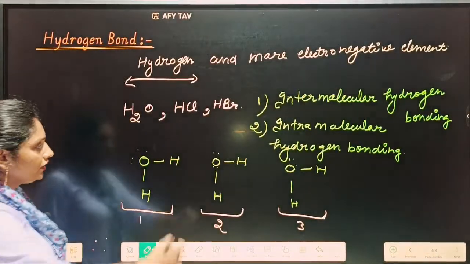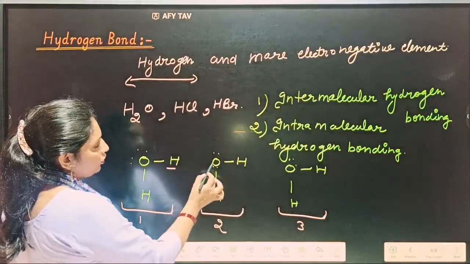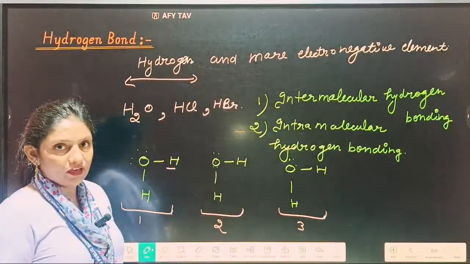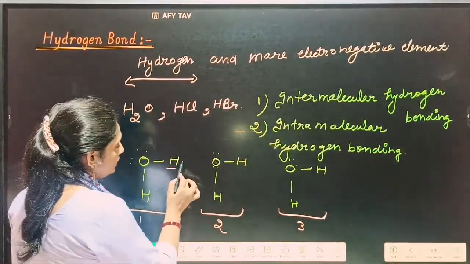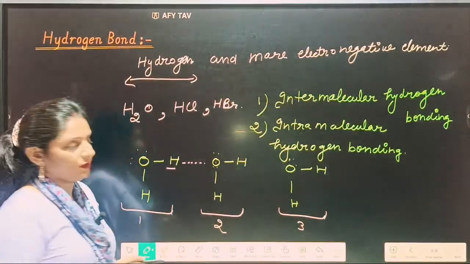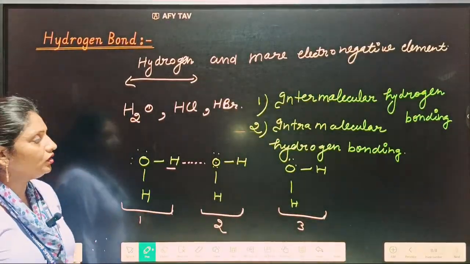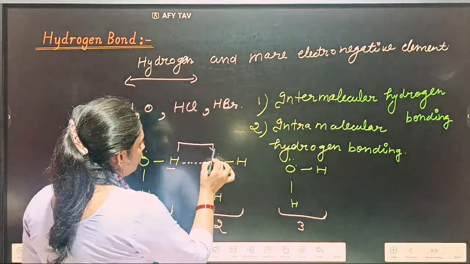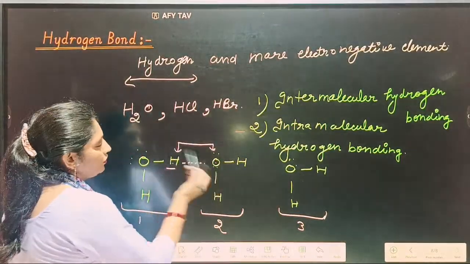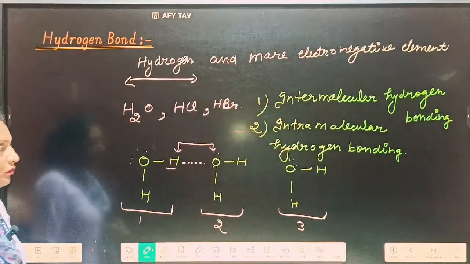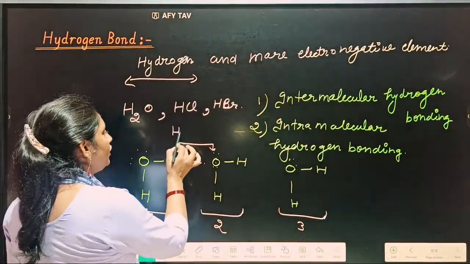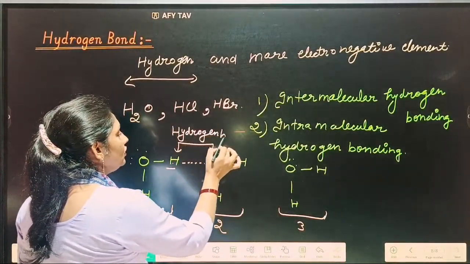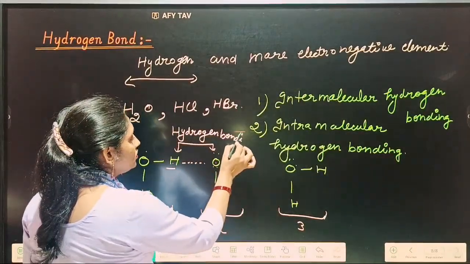Here, hydrogen and oxygen, which is more electronegative, can show an interaction between them. They can form a bond, because a bond between hydrogen and an electronegative element is known as a hydrogen bond. So students, they form hydrogen bonding.